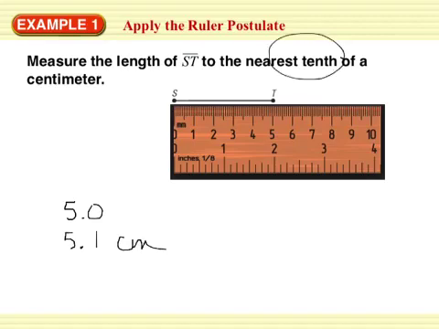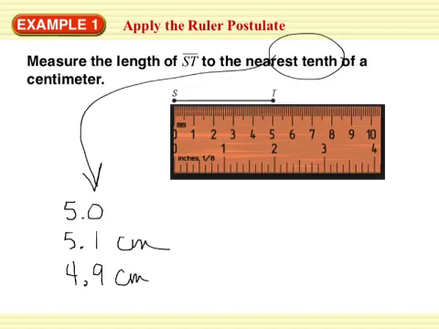Now, tenth, that means I need something after the decimal point, right? Notice I tried to measure from the middle of this dot to the middle of this dot. I think it's closer to 5.0, but I would accept 5.1 also. Technically, if we were in a test or a quiz situation, I would probably accept 4.9 centimeters also.